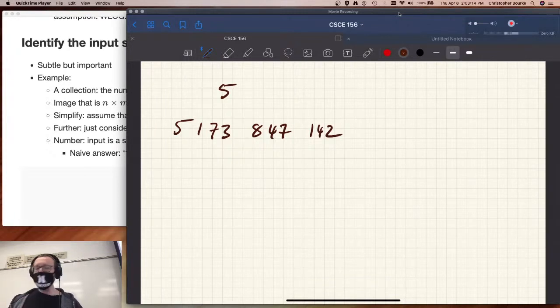When I wrote these down, how many characters did I write? How many symbols did I write? This one, I only wrote 1. This one, how many did I write down? 3 symbols?